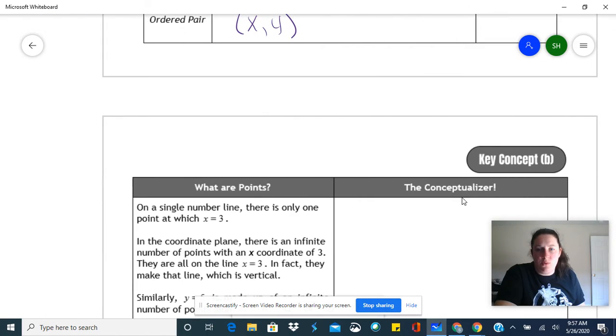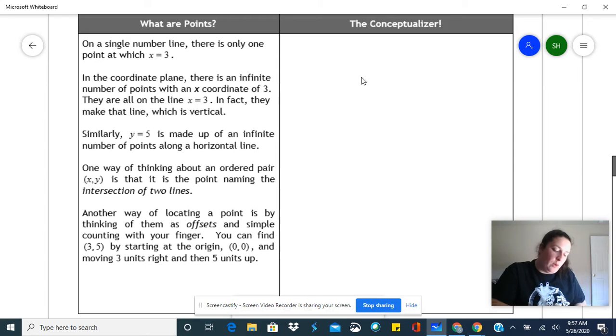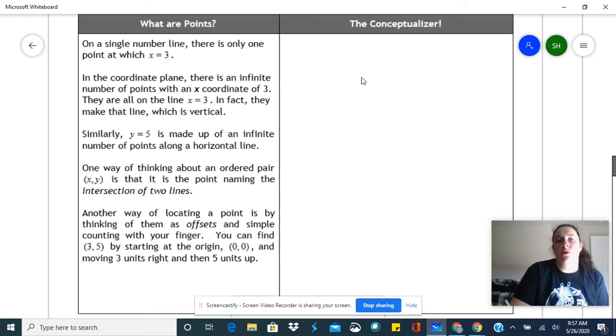So on to what are my points? So here, on a single number line, there's only one point at which x equals 3. In the coordinate plane, there's an infinite number of points with an x coordinate of 3. So we know this, right? Because you could have x equals 3, y equals 1, x equals 3, y equals 2.